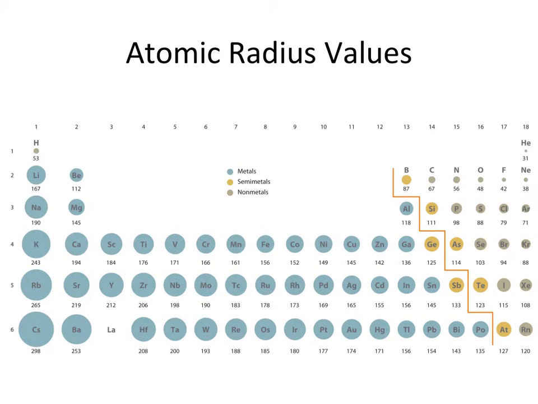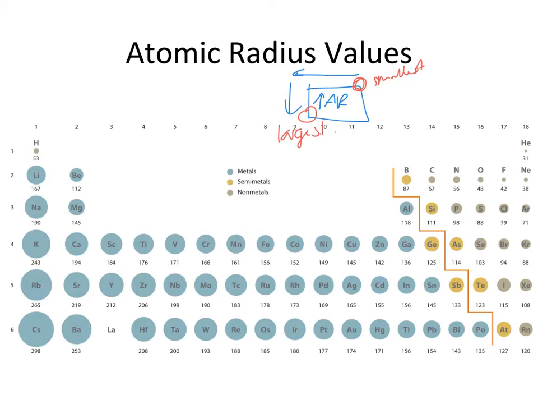Now this is just a little table of values for it. What you can see is, again, remember that our general trend is increasing atomic radius this way and down. So that means that items in the top right corner should technically be your smallest. Okay? And items in the bottom left corner will be your largest atomic radius. And if we look at the periodic table, we see that it's true.